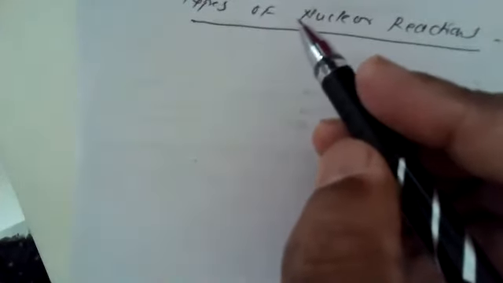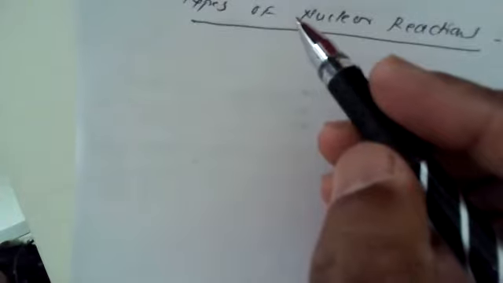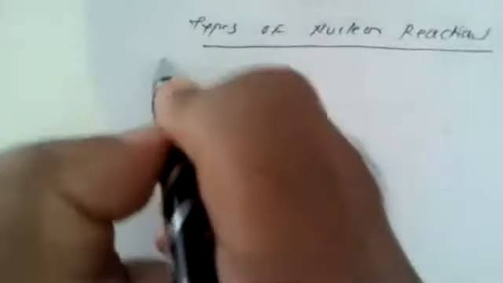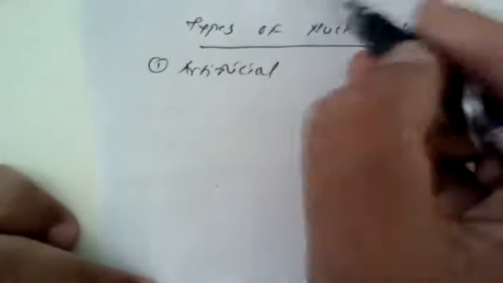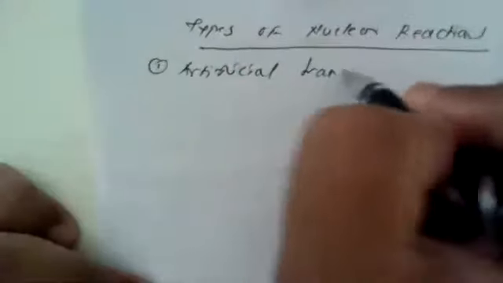We shall study all these types one by one by taking into account very simple nuclear reactions. Those are very simple to understand and very easy to remember also during your exam time. The first type is known as artificial transmutation.